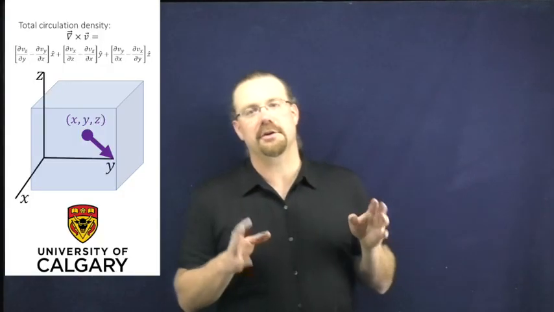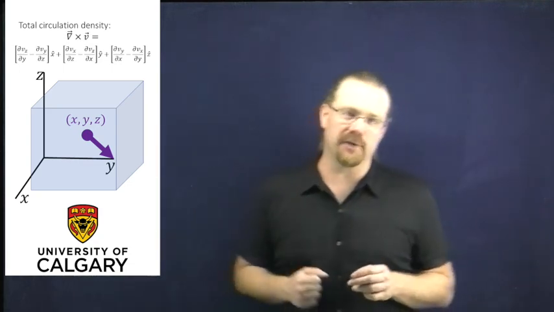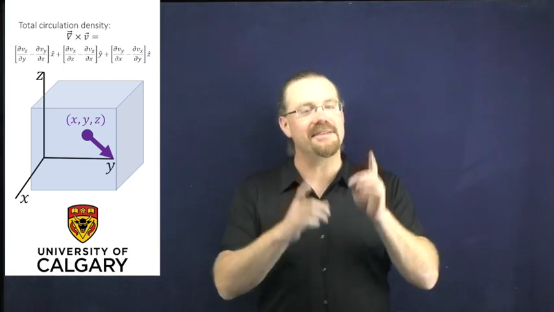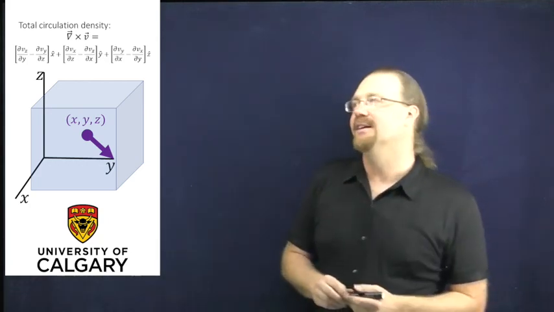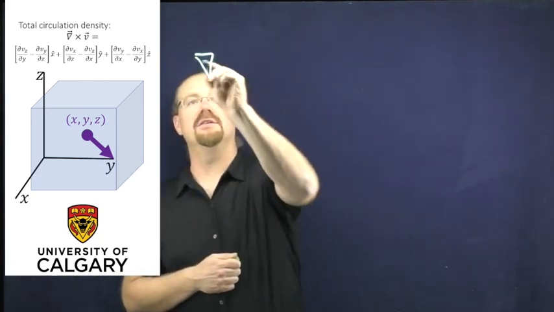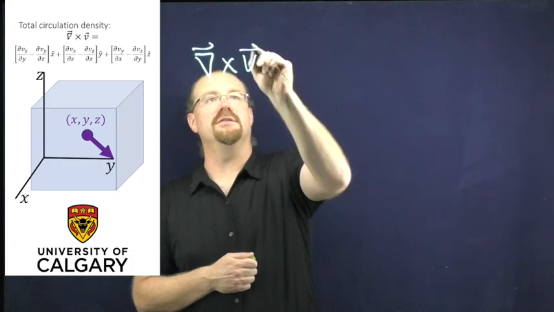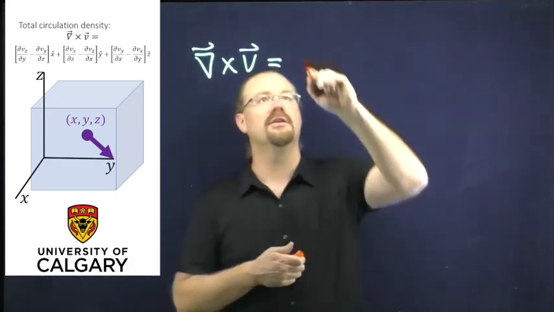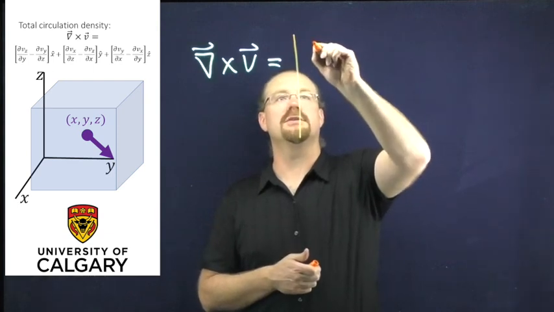So we've derived the curl, and the form of the curl that you've got right there is a bit messy, but there is a nice mnemonic to remember it. And that mnemonic for the curl of our vector field is actually the determinant of a 3 by 3 matrix.